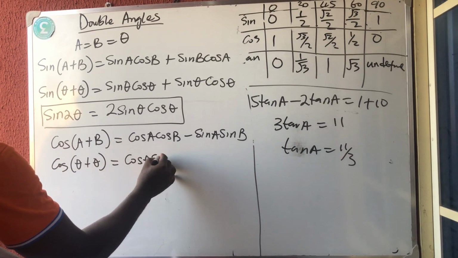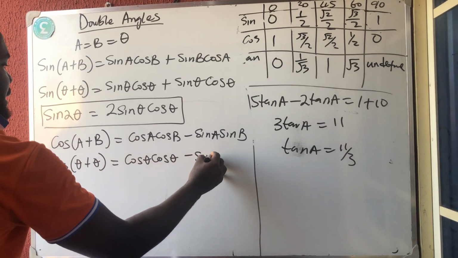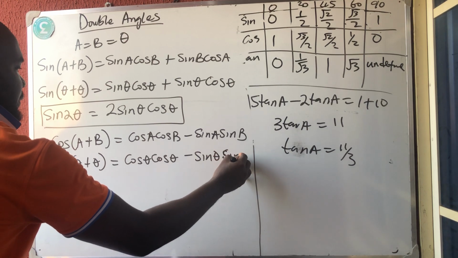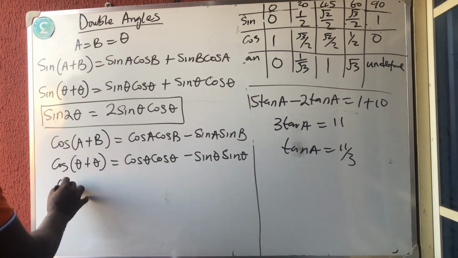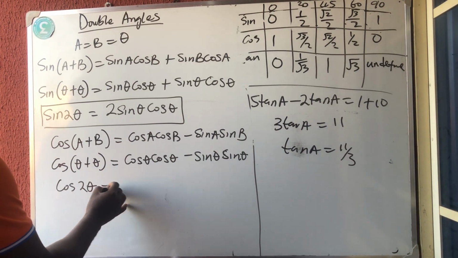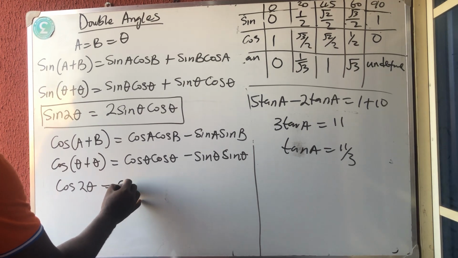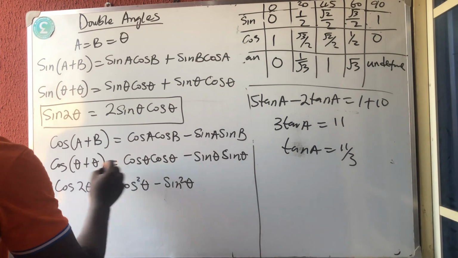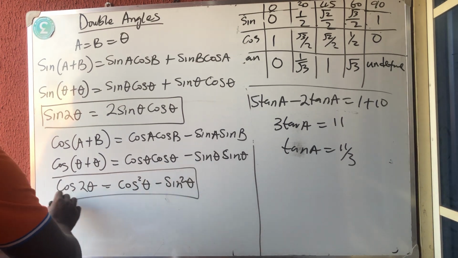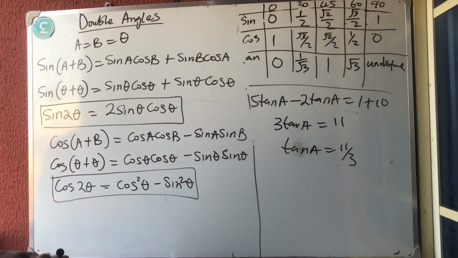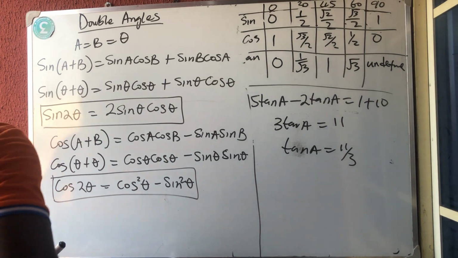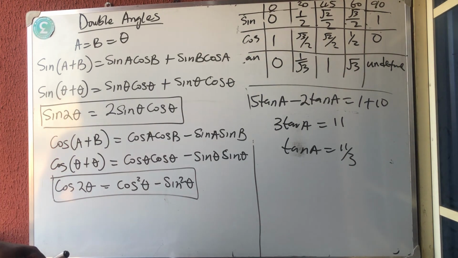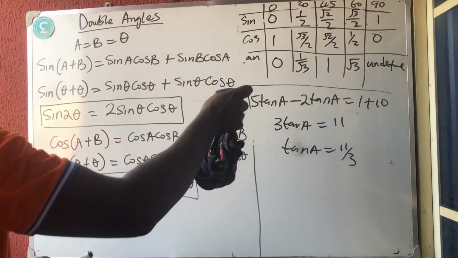Cos theta cos theta minus sine theta sine theta. So this is what? Cos 2 theta is equal to what? Cos square theta minus sine square theta. This is a very important formula. That cos square theta minus sine square theta is equal to cos 2 theta.